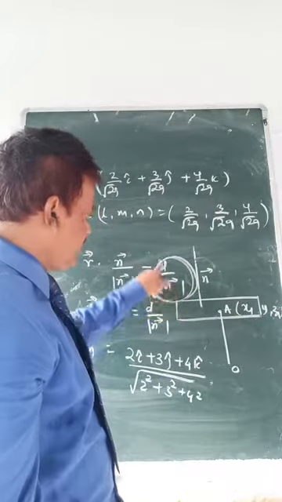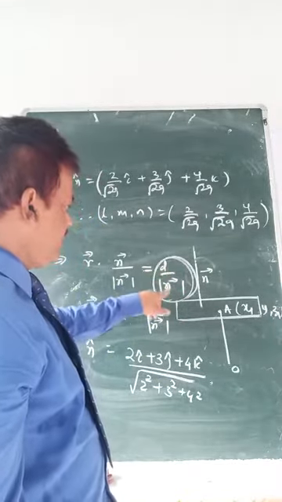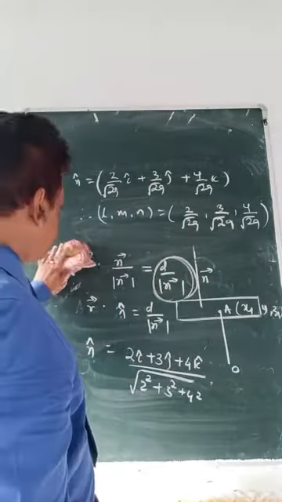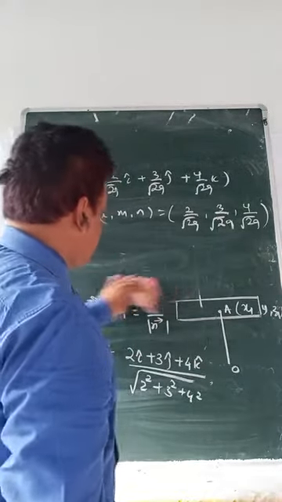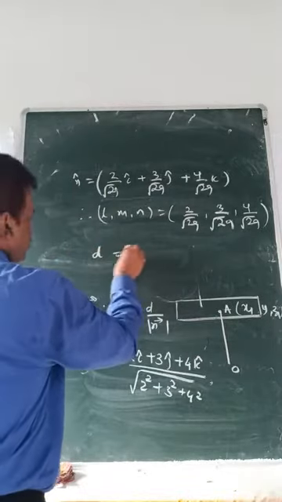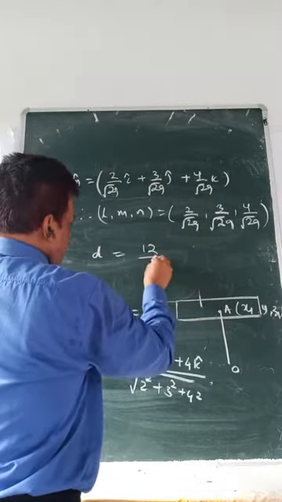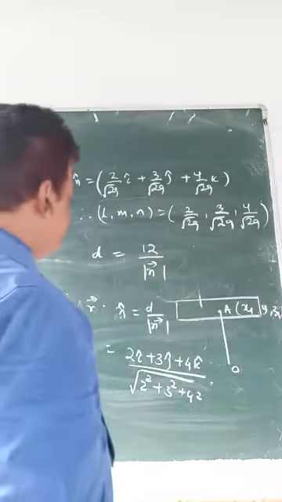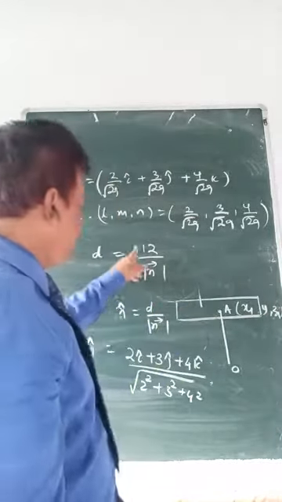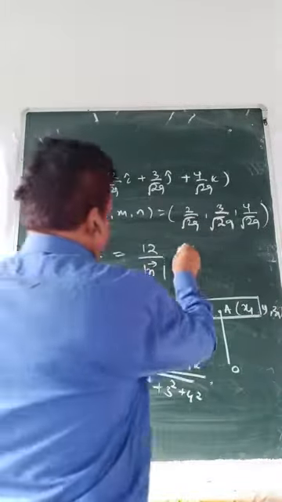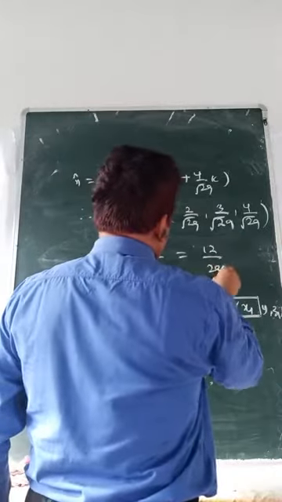Distance from origin you have to find out. So that D is here. D equals 12 by modulus of n, that means 12 by root 29.